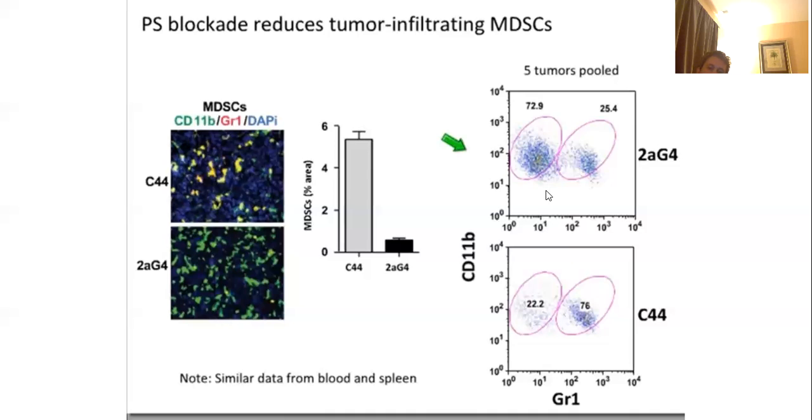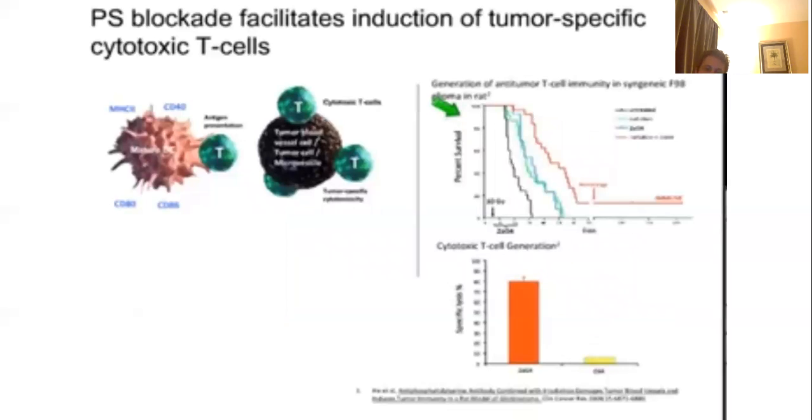You can also study that in flow cytometry, and you can find out that the macrophages in the cancer tissue of the control are mostly M2. But in the cases treated with PS antibodies, you will not see any more of those M2 MREG macrophages in the flow cytometer or in the staining, because they polarize into M1 and they are destroying the cancer as we see here.